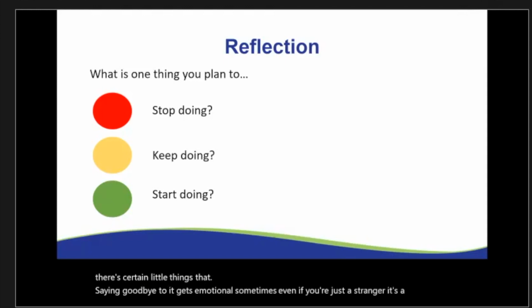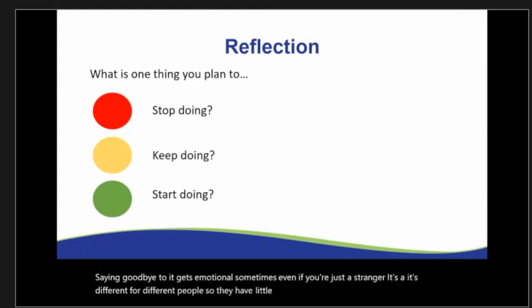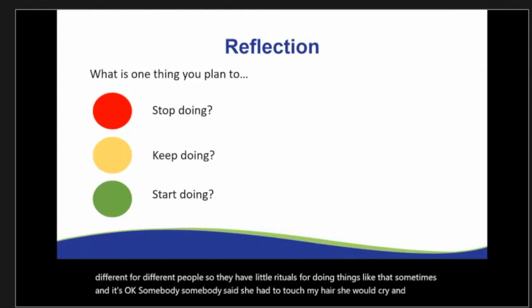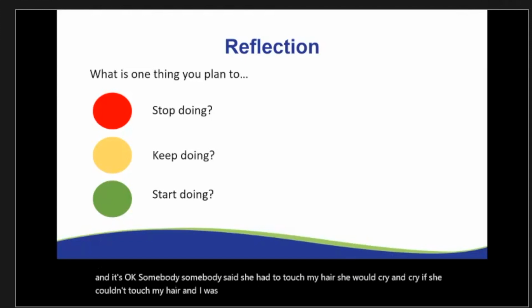It's different for different people, so they have little rituals for doing things like that sometimes. And it's okay. Somebody said she had to touch my hair. She would cry and cry if she couldn't touch my hair. And I was like, well, then let her touch your hair. I mean, it's not that bad of a thing, right?